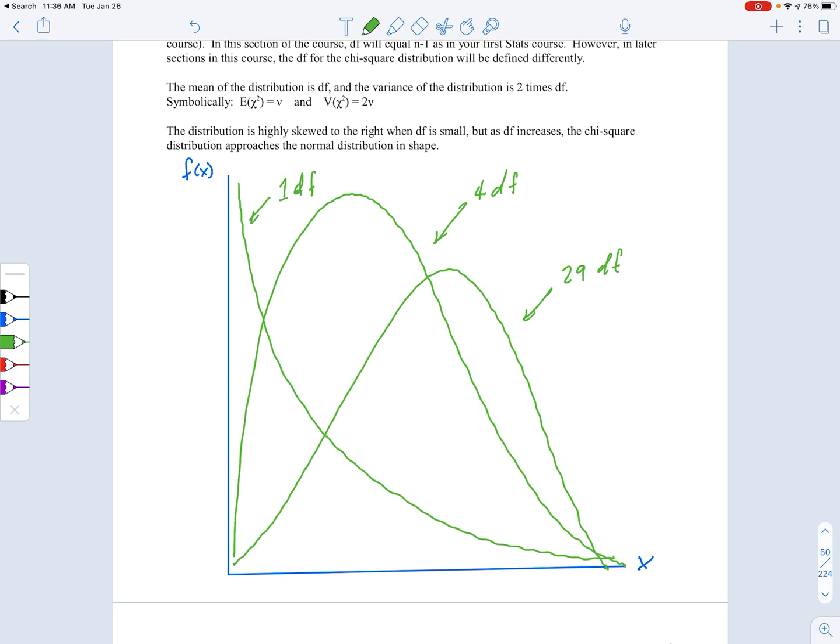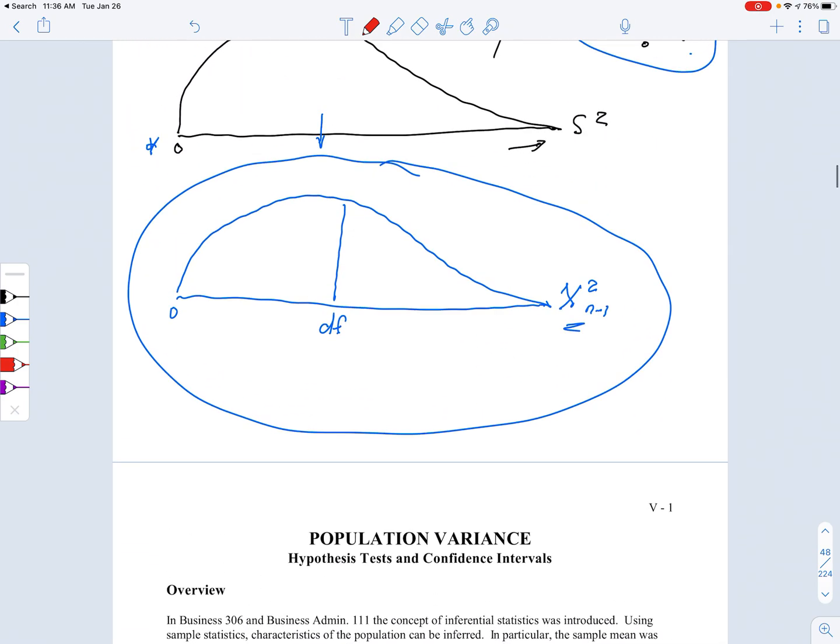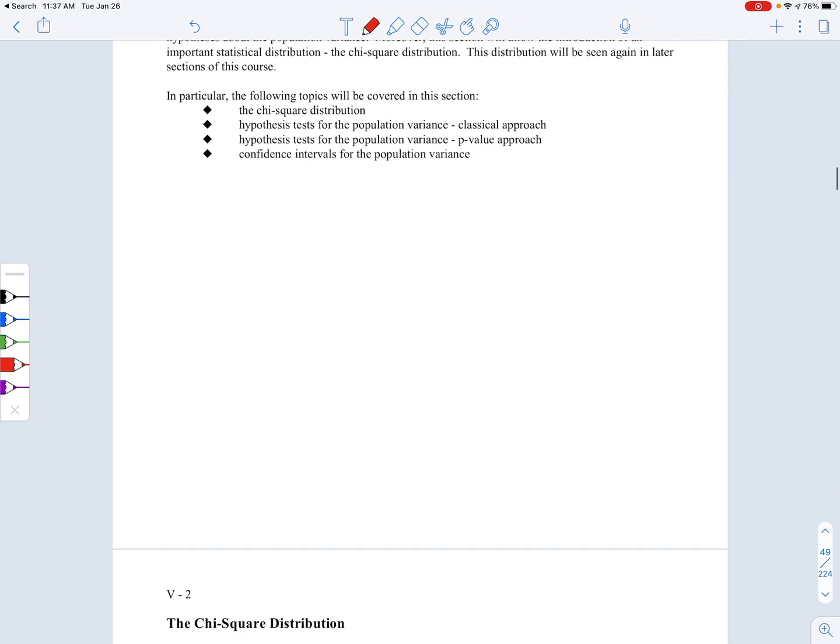It was very flat, but as its degrees of freedom increase, it looks more and more normal. Usually we'll be dealing with sample sizes that make it look fairly normal, but I'll always draw it skewed, just to distinguish it from a z or a t distribution. So the chi-square distribution I'll always draw this way, even though it might actually look fairly normal.